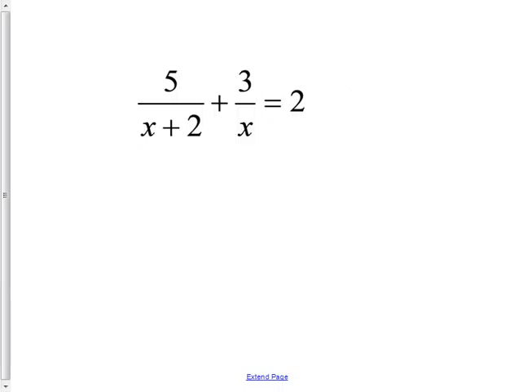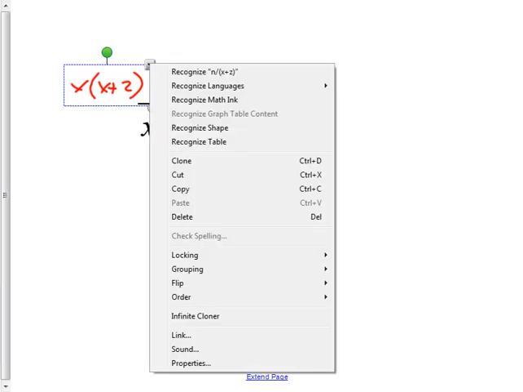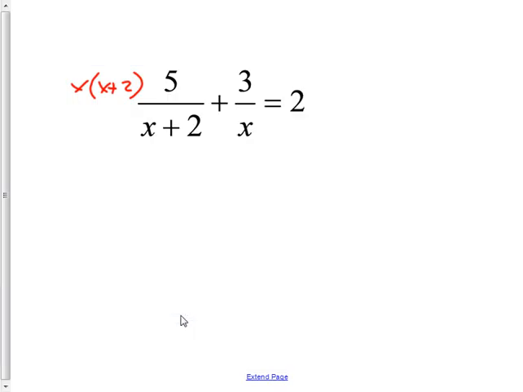All right, so when it's like this, you still got to transfer what I just taught you to this. Now we can't multiply by x, that won't fix it. We can't multiply by x plus 2, that won't fix it. What could we multiply by? x times x plus 2. That'll fix it. Multiply that in each part right now. Needs to go there.